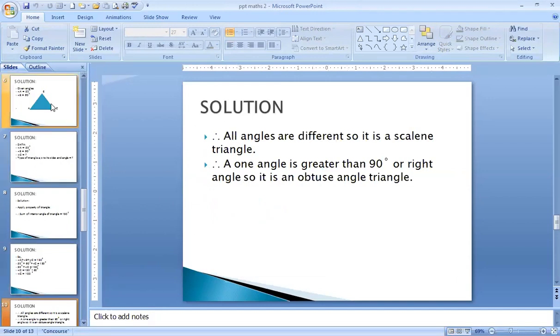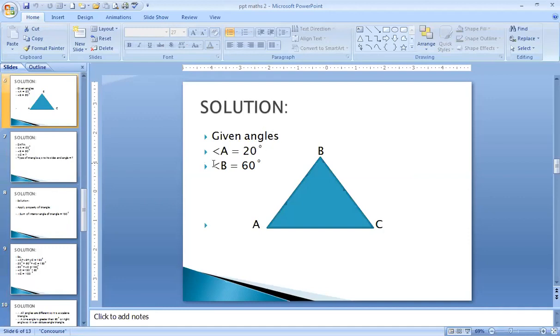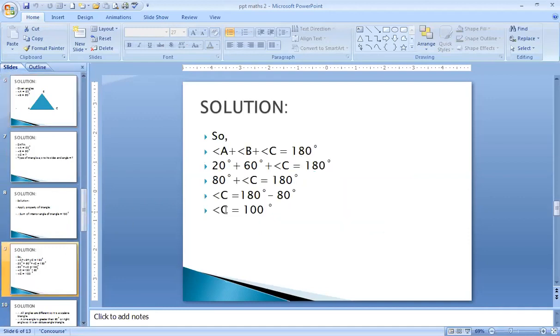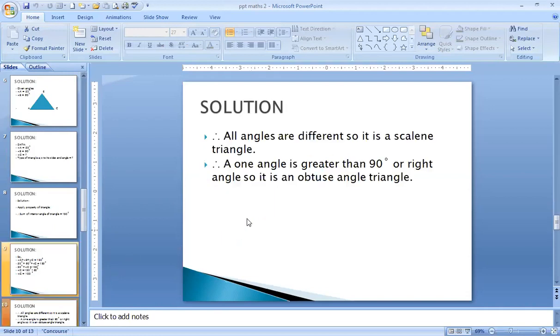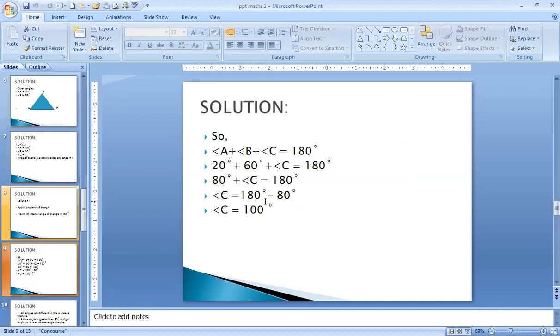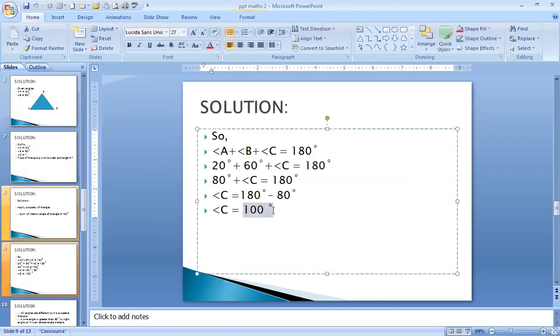Angle A equals 20 degrees, angle B equals 60 degrees, and angle C equals 100 degrees. It is the property of the scalene triangle that if all angles are different, the type of triangle with respect to its sides is a scalene triangle. And one angle, angle C, is greater than 90 degrees.